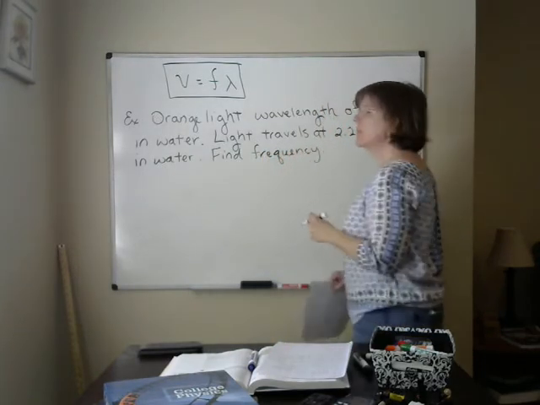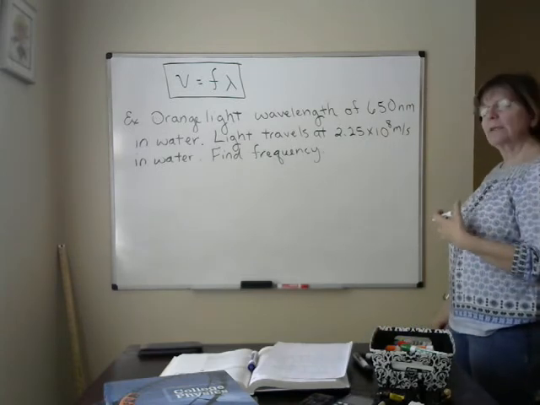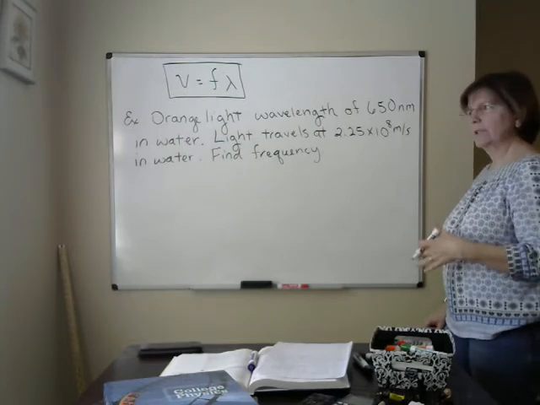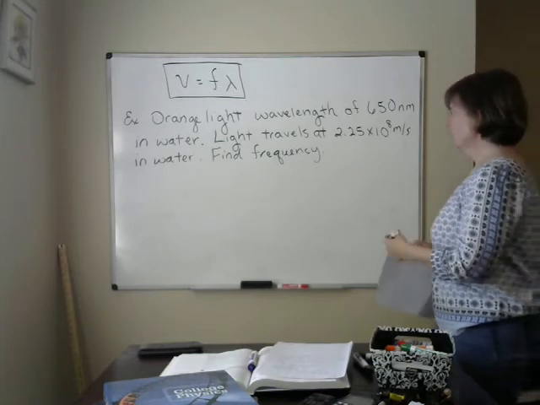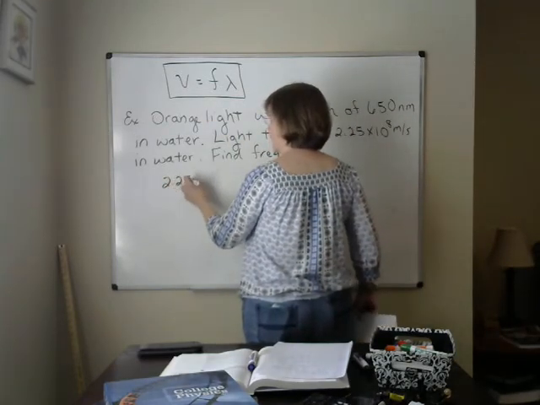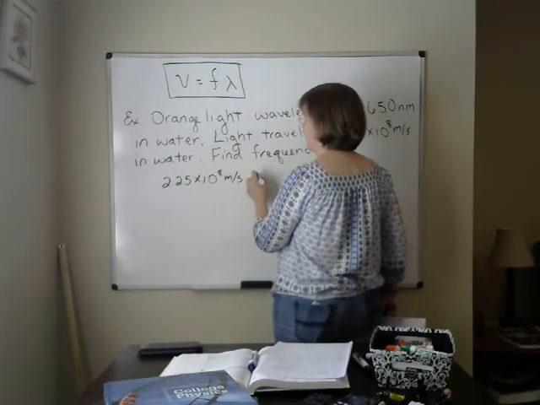So this problem is almost exactly like the problem that we just did, except they told us we were not traveling through air. So the speed of light is not 3 times 10 to the 8th. Since it is in water, it's traveling more slowly, but it's the same formula. 2.25 times 10 to the 8th meters per second is the speed of the light.